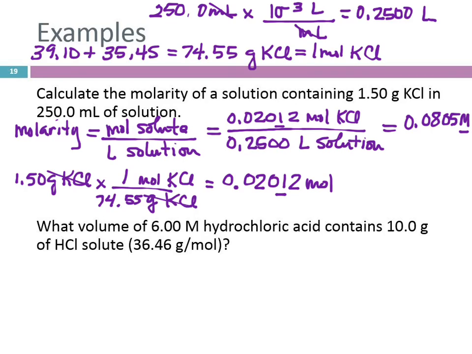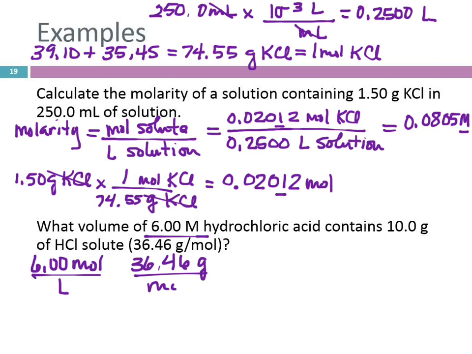We'll take it. So this capital M means moles per liter. So that's 6.00 moles per liter. And then we've got this number, 36.46 grams per mole.